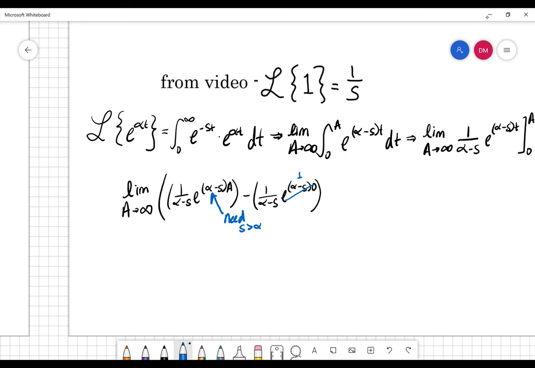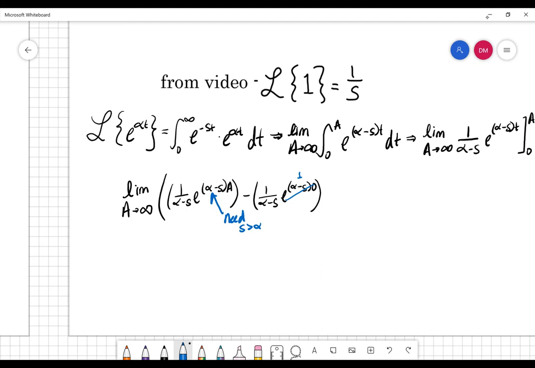So we need s to be greater than alpha because here we're looking at this term evaluated at a in your exponent. If e goes off to positive infinity, where a is headed towards infinity, then there is no limit. It doesn't converge. And so in that direction we wouldn't have a limit.